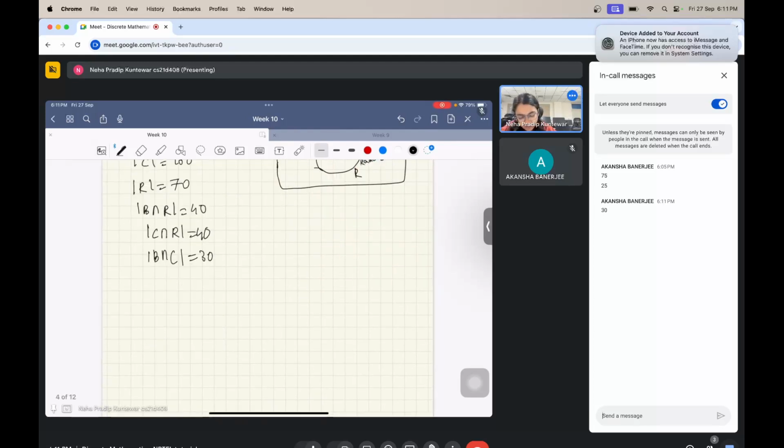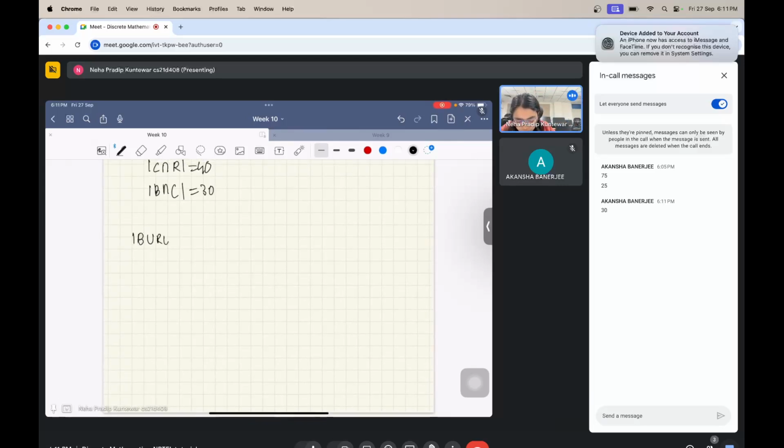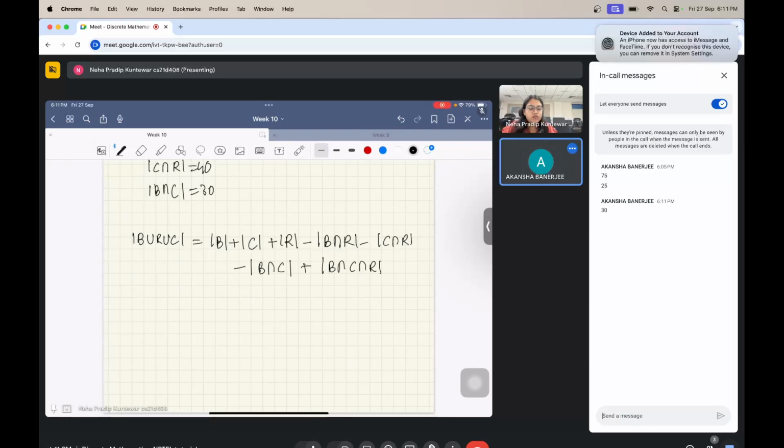So what is the formula that you used? B union R union C is the cardinality of B plus cardinality of C plus cardinality of R minus B intersection R minus C intersection R minus B intersection C plus B intersection C intersection R. Okay, yeah, good, that is exactly right.